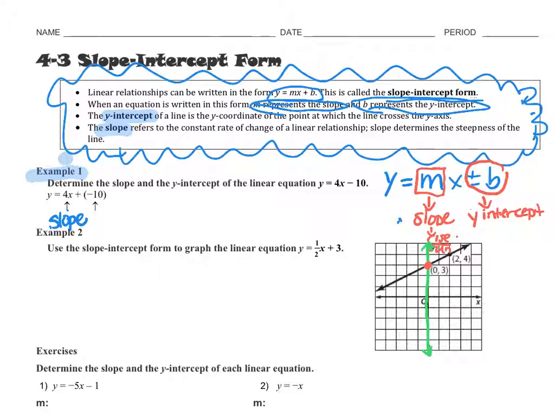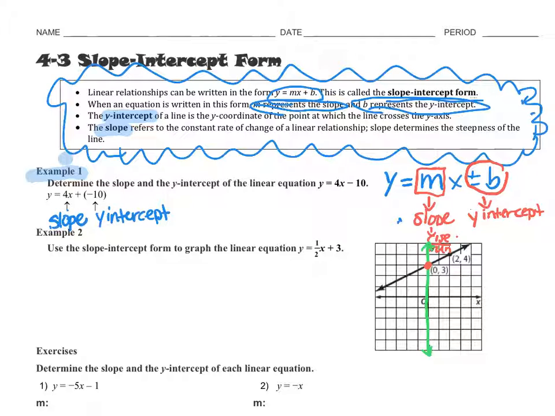I know you can see the pen stuff and can't see it on the video after I record it, so I know that's annoying, sorry. And 10 is our y-intercept. So that's how we're going to break down each piece.